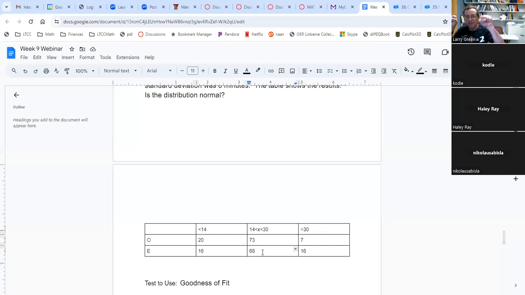Half of the 32 will be on the left, and half of the 32 will be on the right for the expected. Half of 32 is 16. So 16 less than 14 and 16 greater than 30. Are there any questions on how I came up with the expected values?